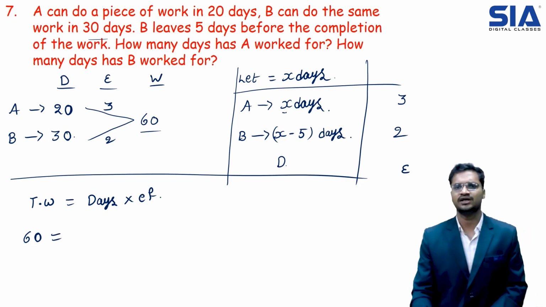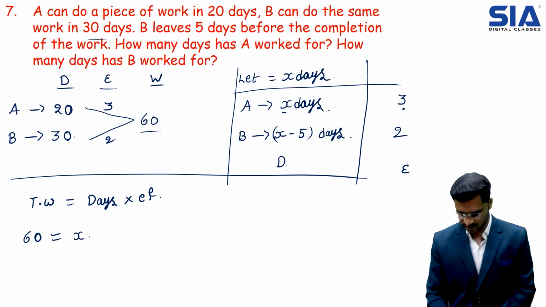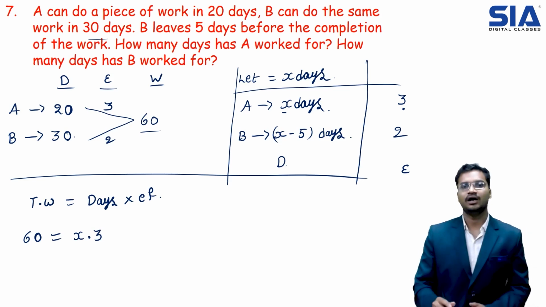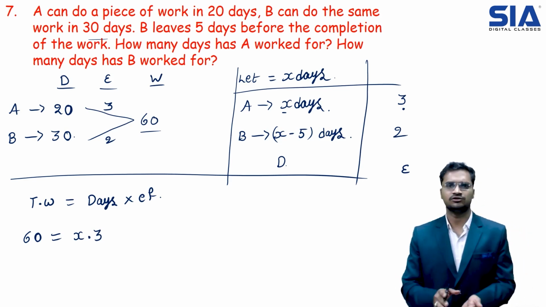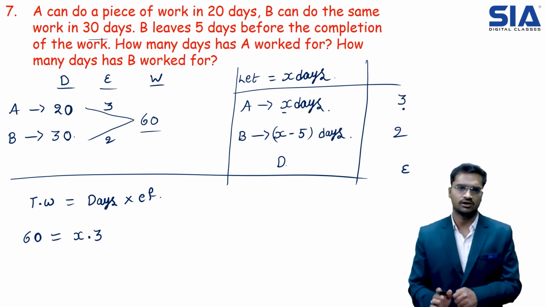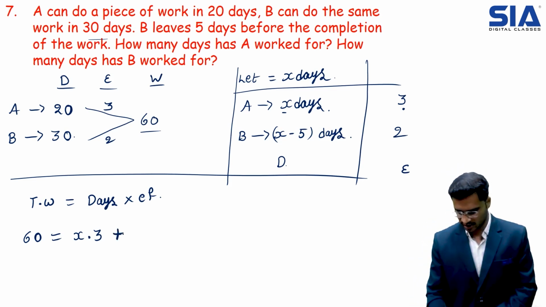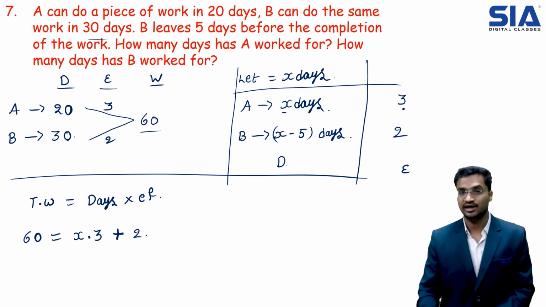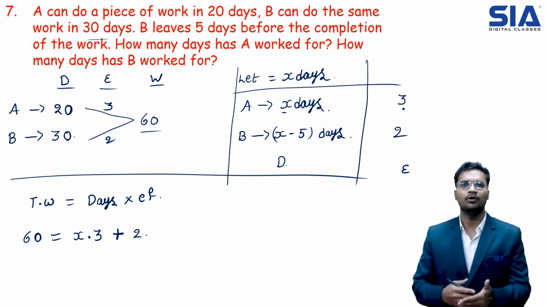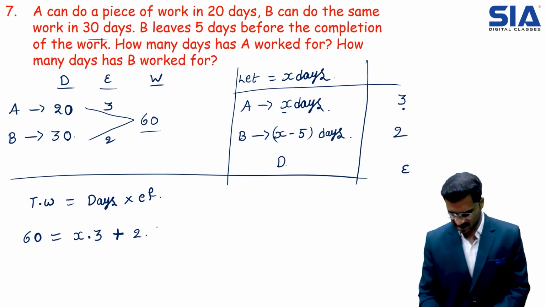Now A has worked for how many days? A has worked for X days with an efficiency of 3, so X multiplied by 3. Along with A, B is also working. So here efficiency of B is 2, and how many days did B work? B has worked for X minus 5 days.